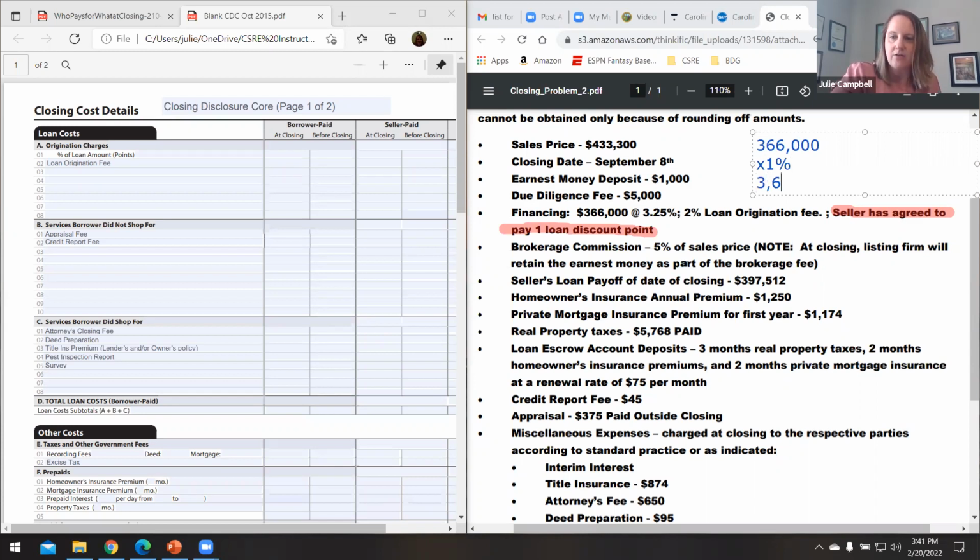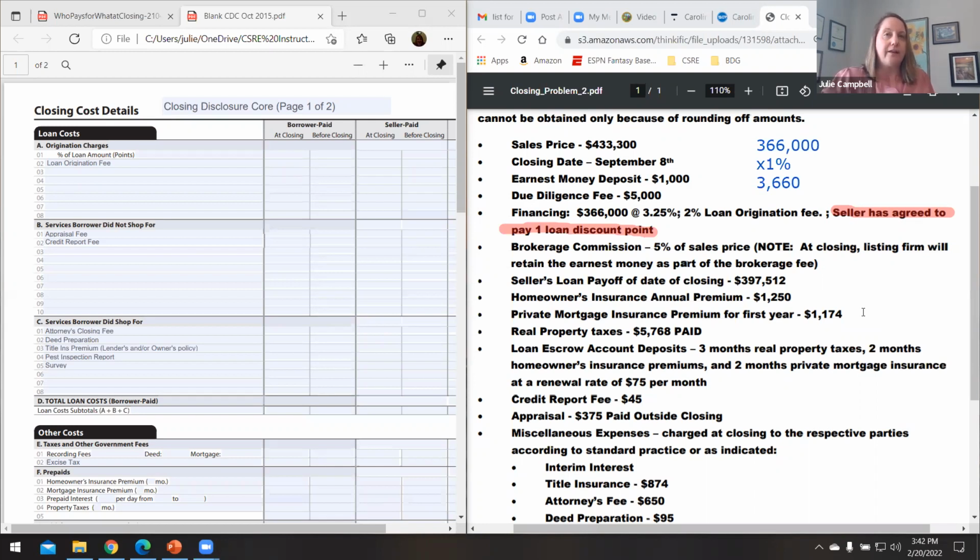So in a sense, the sellers are agreeing to pay $3,660 for the buyer's loan discount point. Anything to do with the loan is an expense from the buyer to the lender.